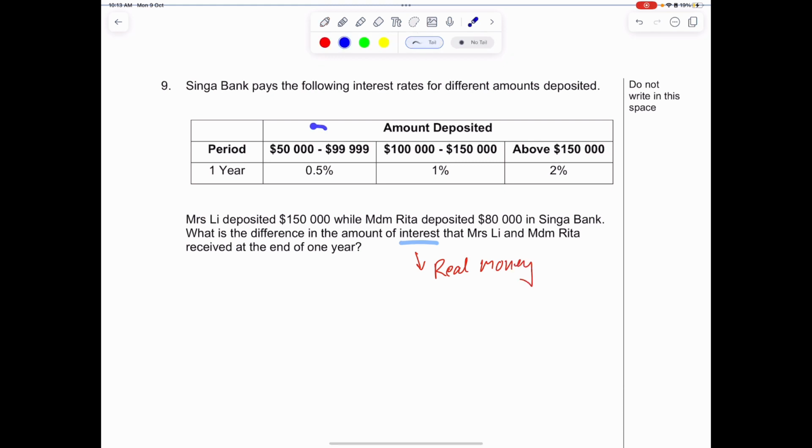So if you put 50,000 to 99,000, you get 0.5. So Madam Rita put 80,000, so therefore she falls in this range. The interest rate that she will earn in terms of percentage is 0.5%. That is hers.